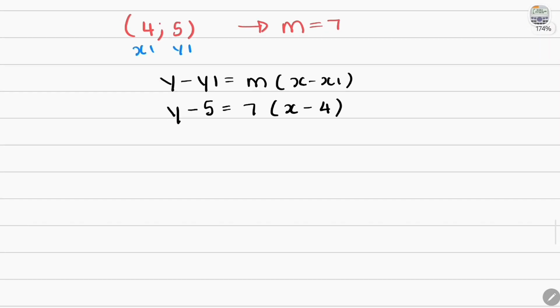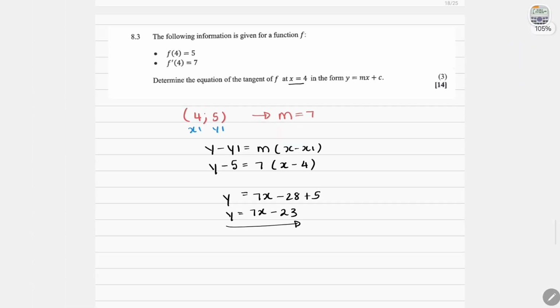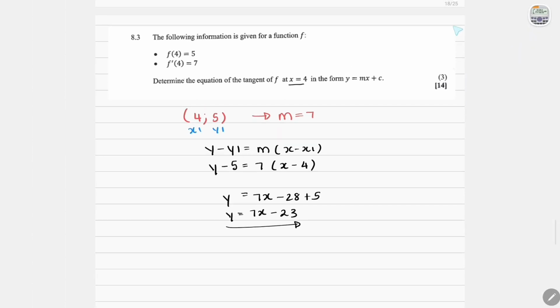And just distribute. So this is equal to 7x, and then minus 28, and then plus 5. So y is finally equal to 7x, and then that just gives us negative 23. And that is our answer. Okay, and that is it for question 8.